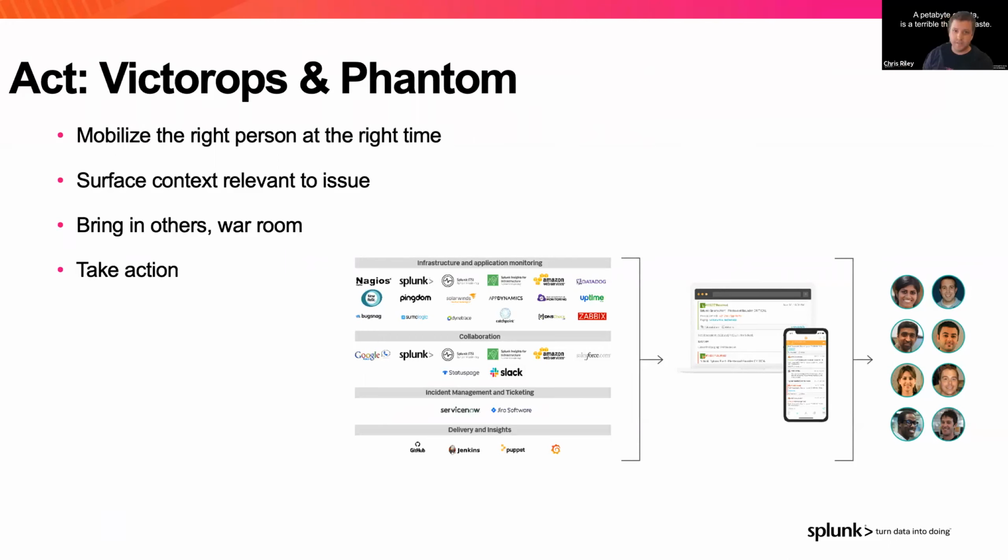And then finally, when it comes time to mobilizing people, VictorOps to tie it all together. All of this matters because if you're going to have a sustainable delivery chain over a long period of time, you have to worry about the pipeline and not just the code that the pipeline is shipping.